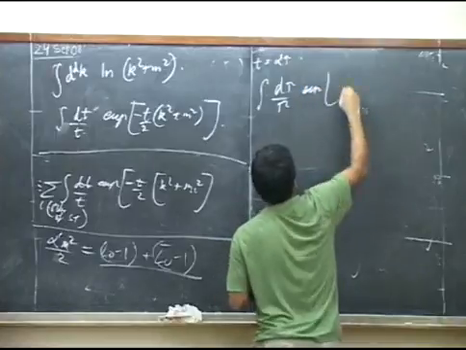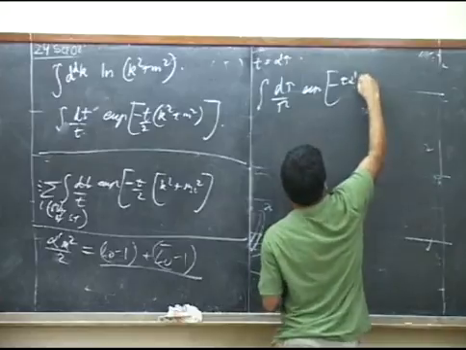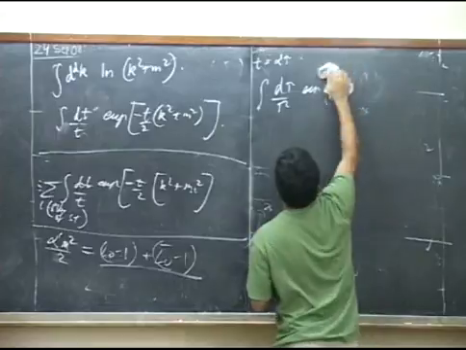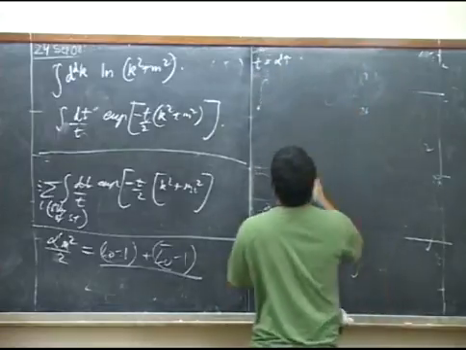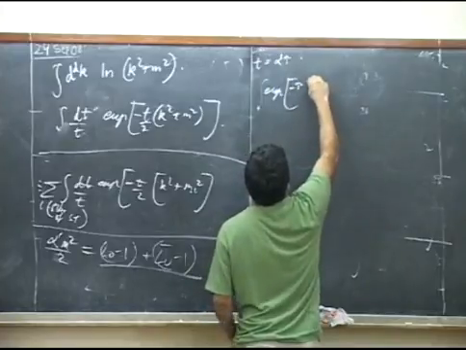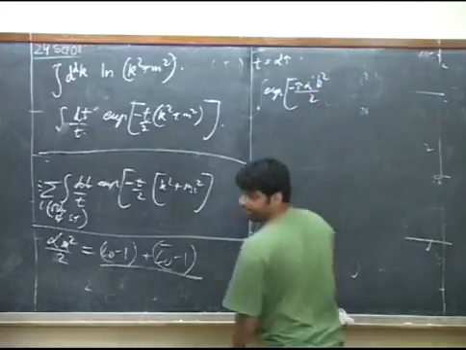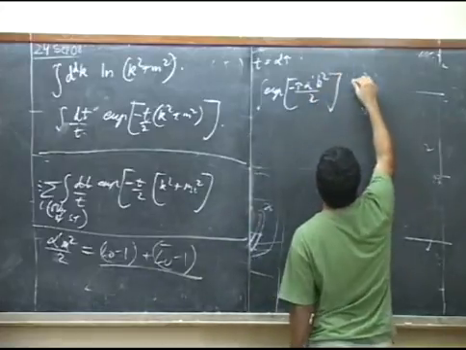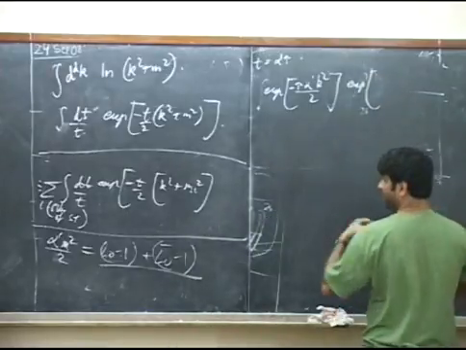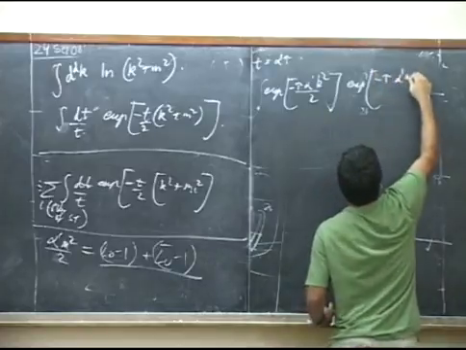Then exponential of minus tau alpha prime k squared by 2, times exponential of minus tau alpha prime m squared by 2.